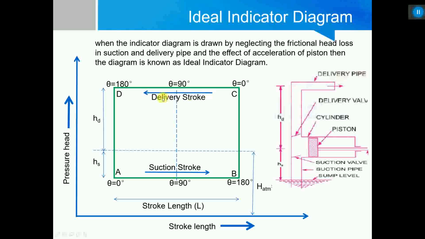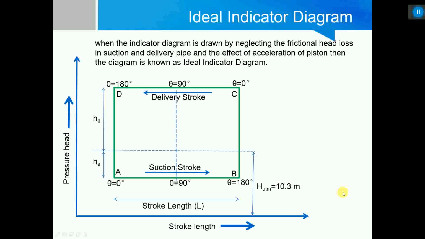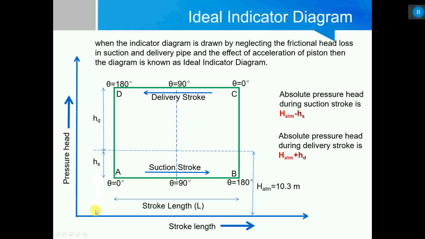As the direction is shown here in the negative direction, that's why it is written as theta equal to 0 to 180 degrees. The absolute pressure head during the suction stroke will be nothing but H atmospheric minus Hs. And as far as the absolute pressure on the delivery side is concerned, this one is H atmospheric plus Hd.